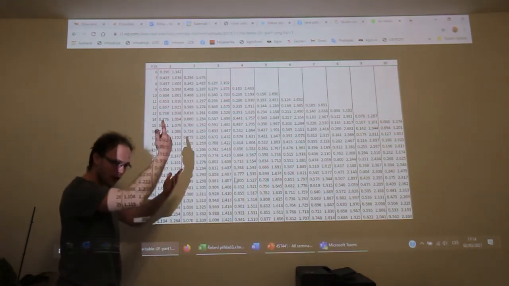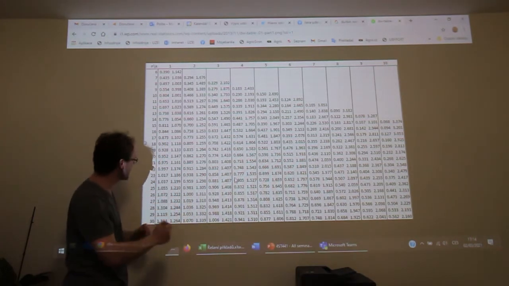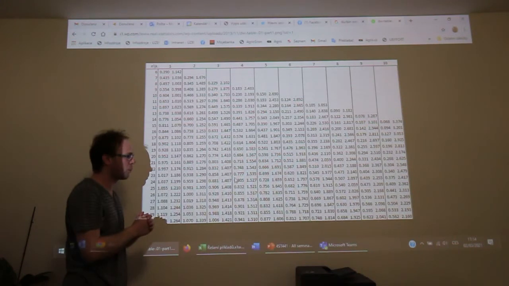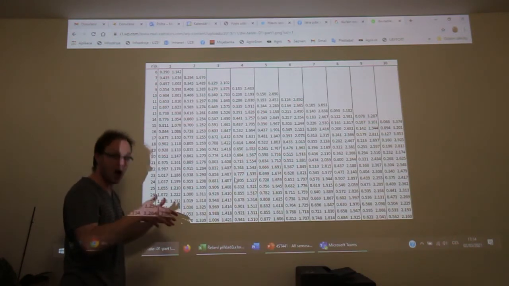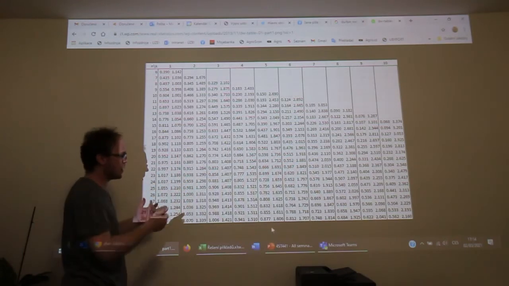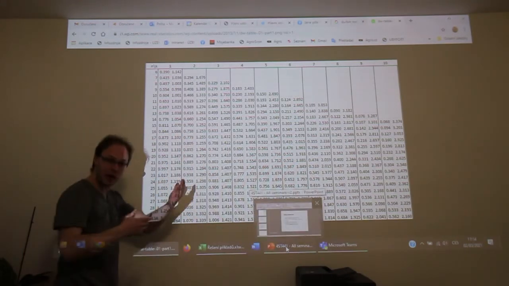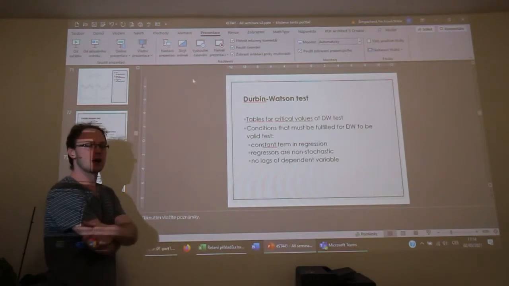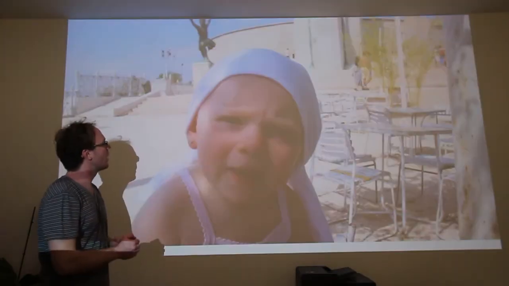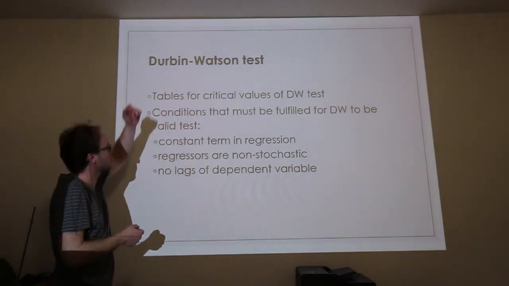Logically, the first column is d lower and the second column is d upper. So if we really need to know the result, we are able to find the tables and these quantiles. So I showed you an illustration of the table.